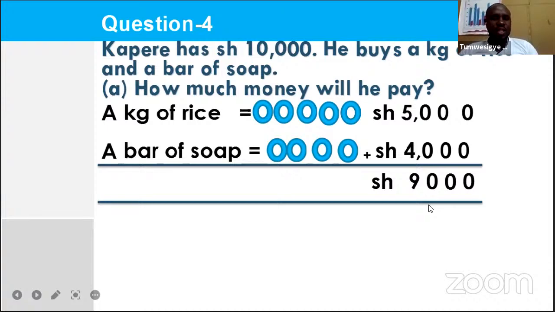Now the question is asking, Kapele went with 10,000. He spent 9,000. How much money will he go back with at home? He bought a kilogram of rice and a bar of soap.